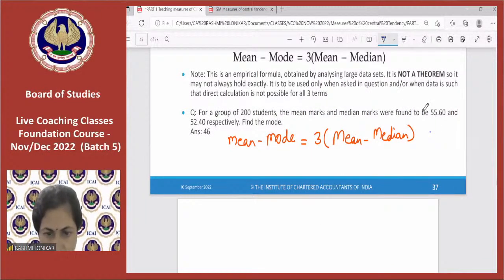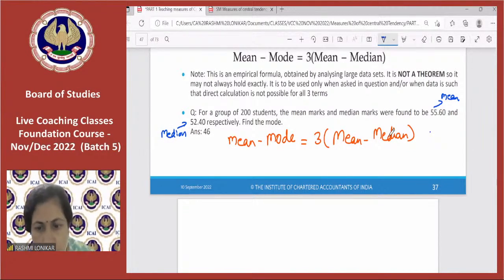What is given to me? Mean and median. So this mean is given to me and this median is given to me. What do I need to find out? I need to find out the mode. Okay.